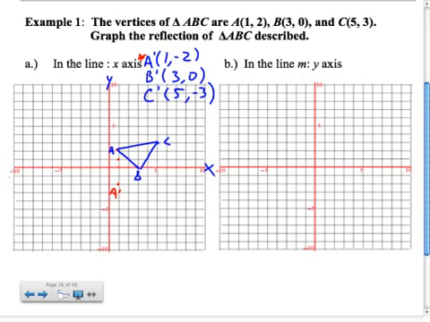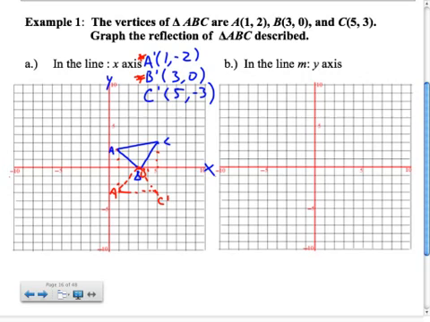Then I go to B. I don't have to go anywhere, so B and B prime are the same exact point, same as we had here. Finally, C: I have to go down 1, 2, 3, so I keep going 3 more to get to C prime. Now the red dashed figure would be your reflection. I just flip it right over the x-axis.